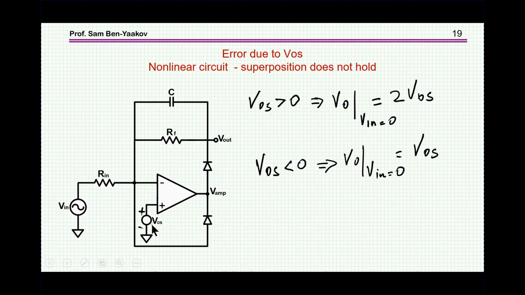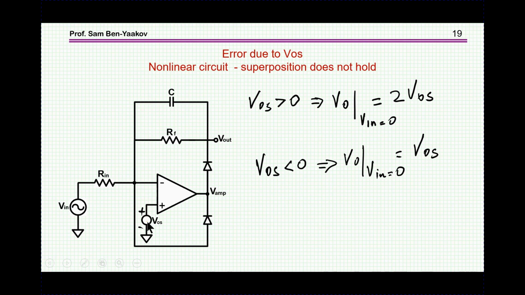Now for a positive V offset, we're going to have the minus input terminal also at V offset, which means that there is a current flowing here, and therefore there is a current flowing here, and therefore if RF is equal to Rin, we're going to have twice V offset. If not, then it's RF plus Rin over Rin.